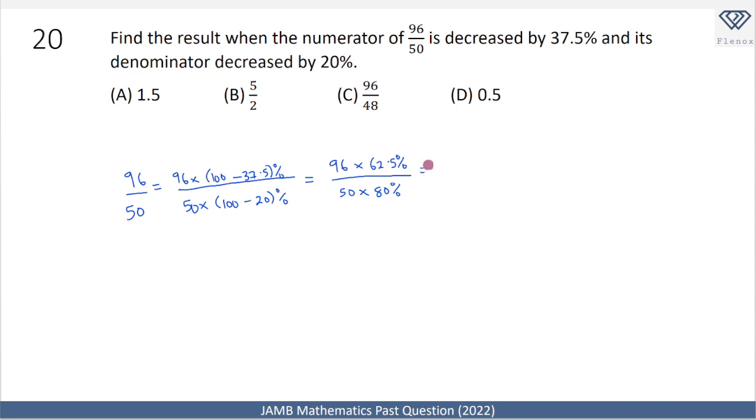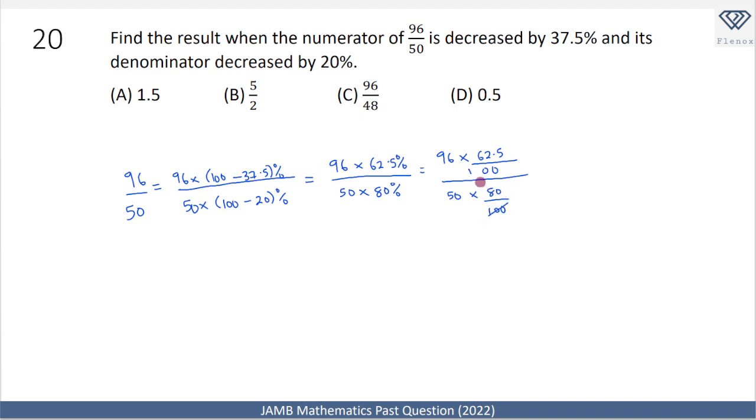Now what does this become? We can write this also, though not necessary, but just for completeness, as 96 times 62.5 over 100, over 50 times 80 over 100.